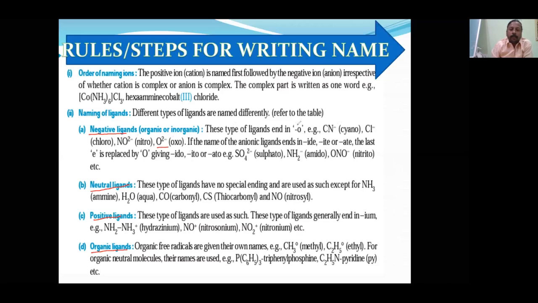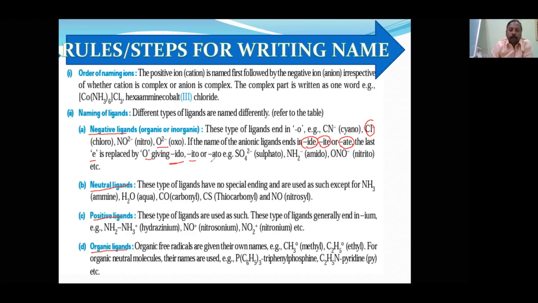These ligands should end with IDE, ITE, or ATE. Then the last E is replaced by O. Like, suppose Cl minus is there, it is called chloride, but in this chapter we are going to speak and write it as chlorido.